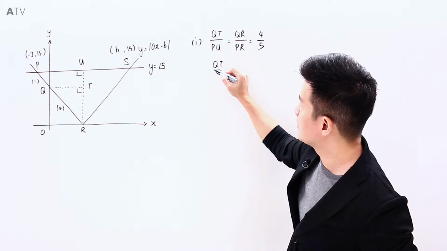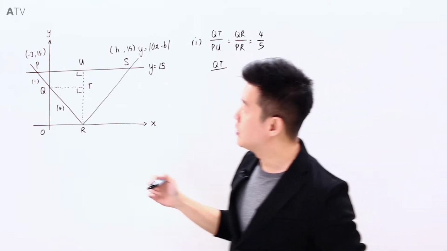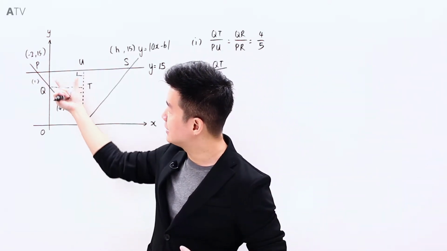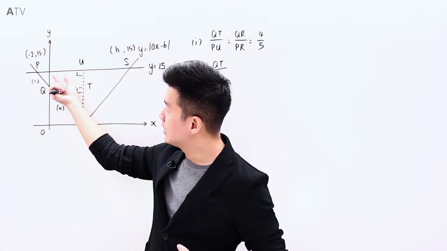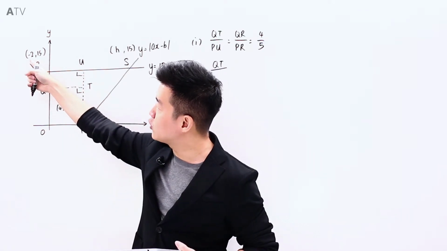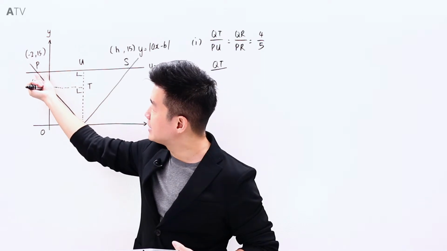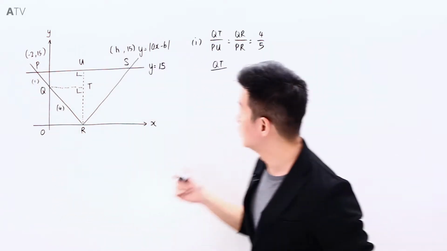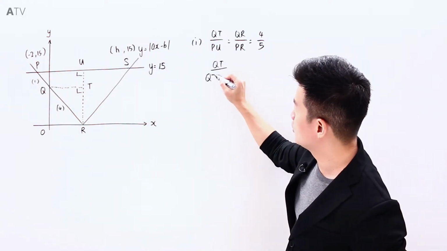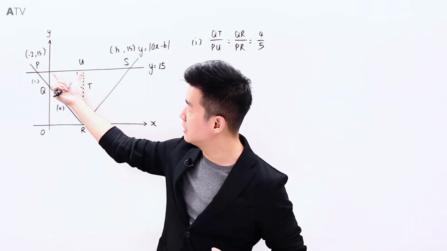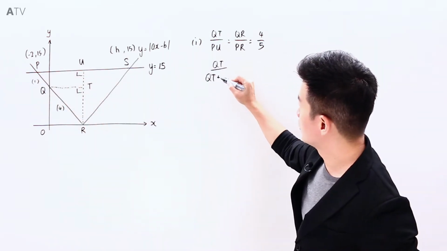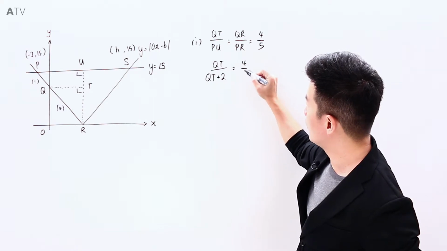QT, I will just let it be QT. As for PU, I can see that this length here is made out of this length, QT, plus this length. Since the x-coordinate of P is -2, that means this length here is going to be equal to 2. So this is going to be QT plus 2, so QT over QT plus 2 is equal to 4/5.